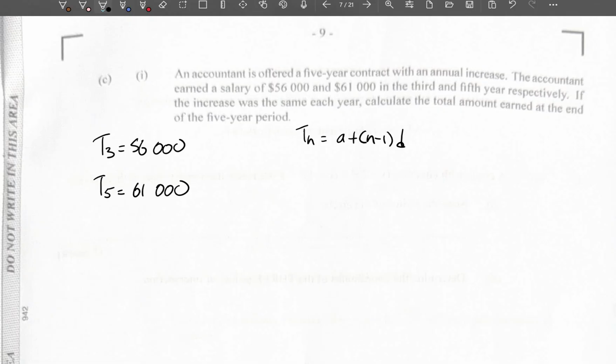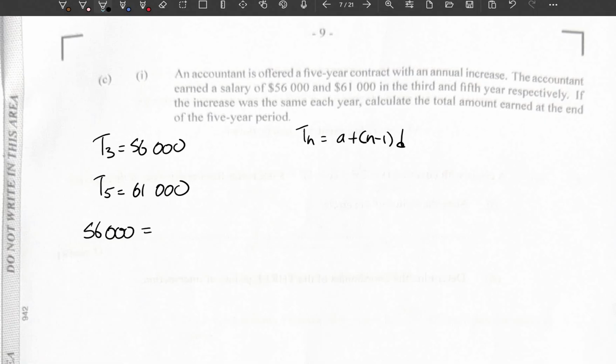Right? So using this general form and these two equations, we would have two equations to solve for our unknowns. Let's go ahead and do that. So we see that T3 is 56,000. So let's fill that in. 56,000 is T3.